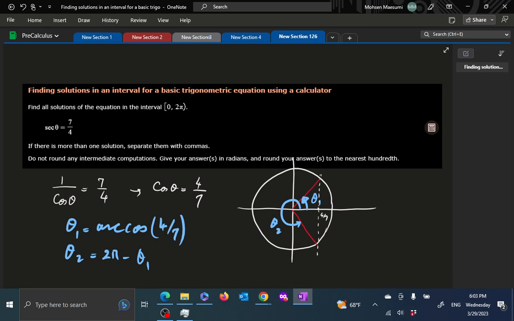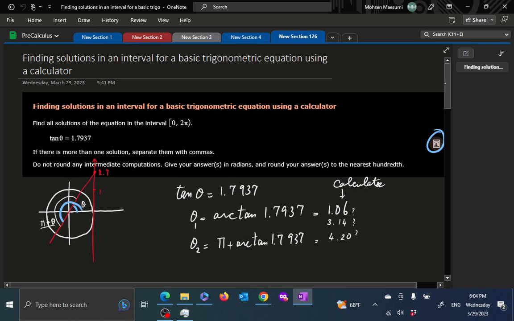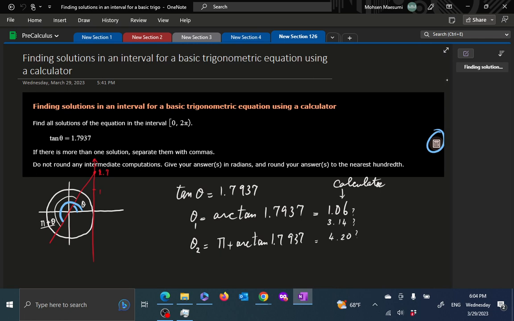So reasoning from a picture is the fastest, safest way to arrive at the answer. Otherwise you have to memorize plenty of little details. The practice here was with functions other than sine and cosine. So tangent, cotangent, secant, cosecant are involved. Numbers are not famous numbers. So the calculator always gives you one answer, and the second answer you have to find by reasoning.